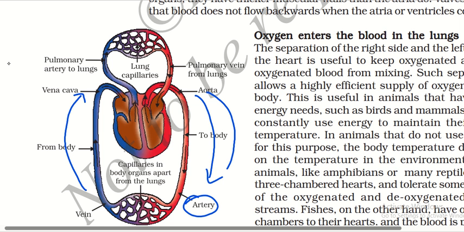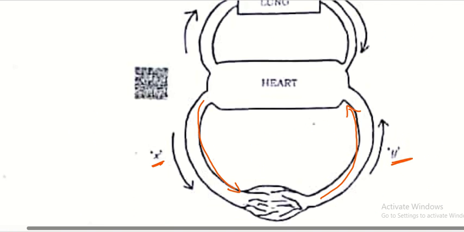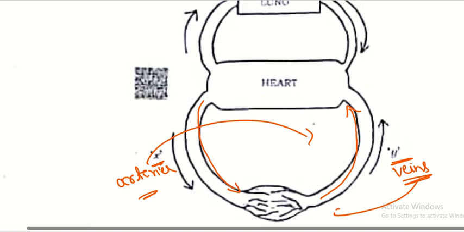The vessels carrying blood to the heart are called veins. So X are arteries and Y are veins. If you get confused, write the answer here.